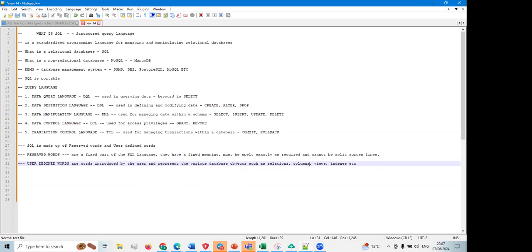Columns or fields. Any questions so far?